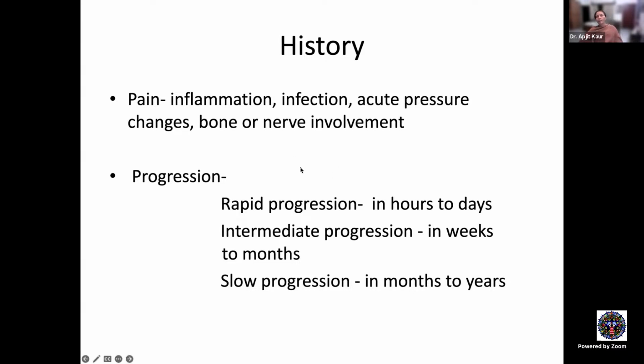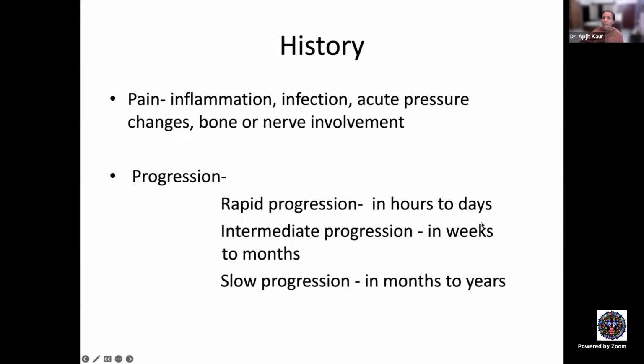Progression, again, you have to see the type of progression, whether it is rapid, occurring in hours or days, intermediate progression, which occurs in weeks to months, or a slow progression. Rapid progression is usually vascular in nature or post-operative.